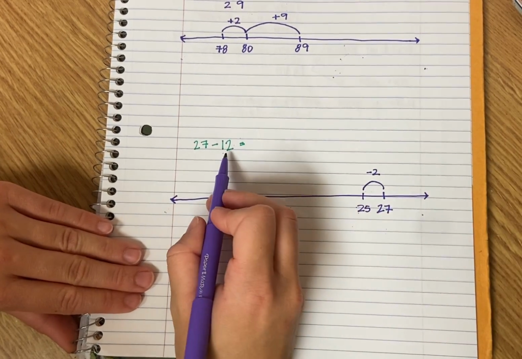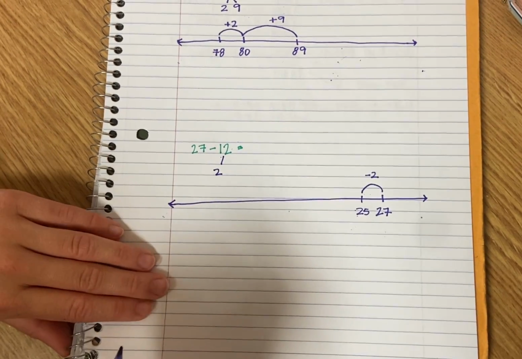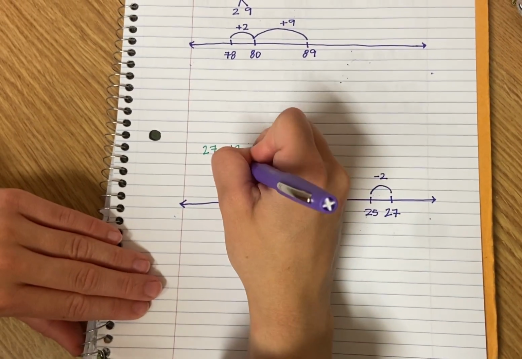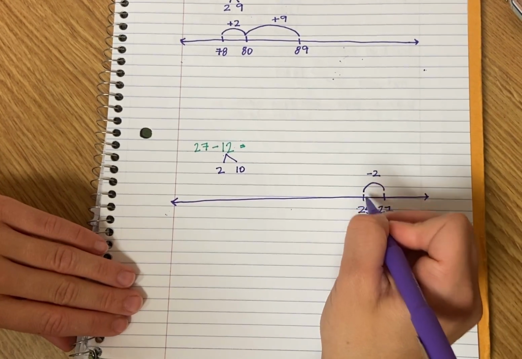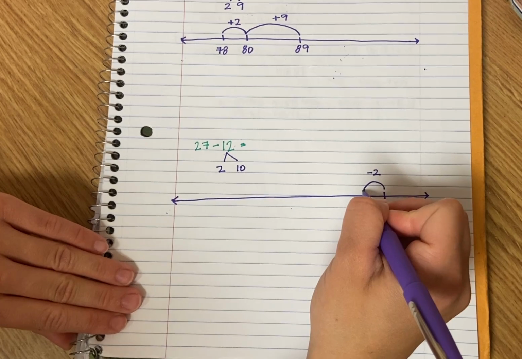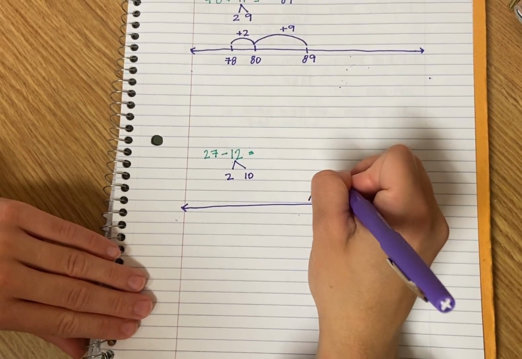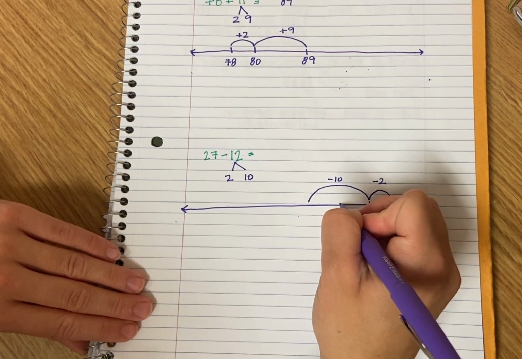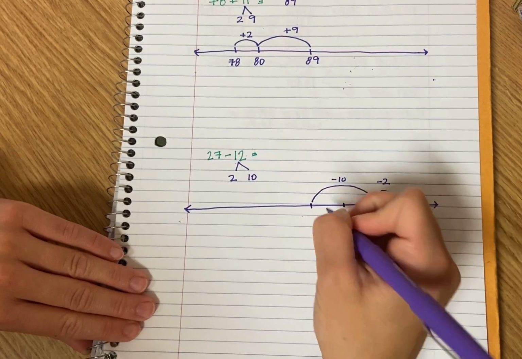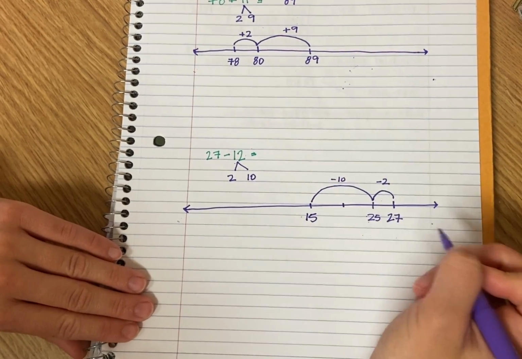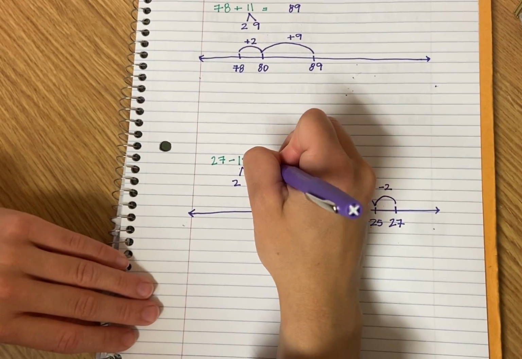If we wanted to split 12 into 2 and something else, we could say 12 is the same as 2 and 10. So if I subtract 2 first to get to 25, and then I subtract 10 from 25, that will get us all the way down past 20 and down 5 more to 15. So 27 minus 12 is 15.